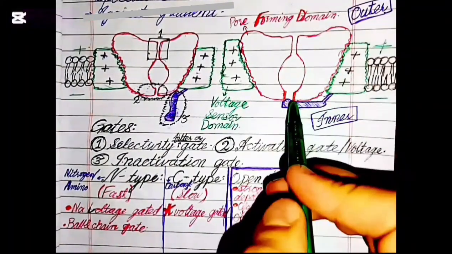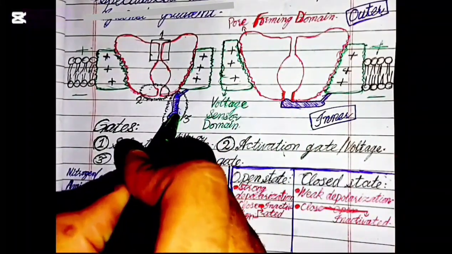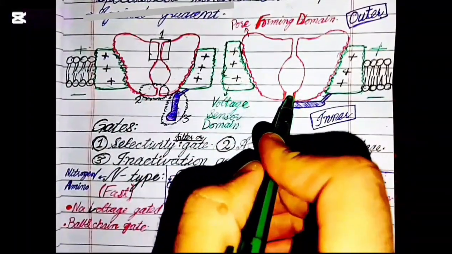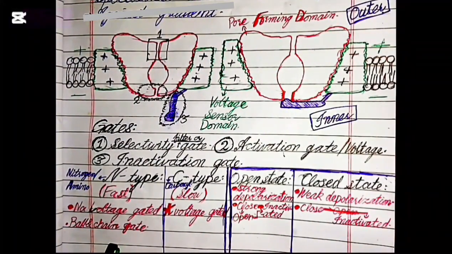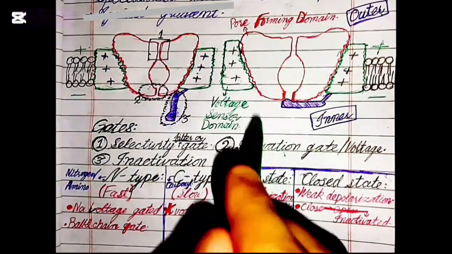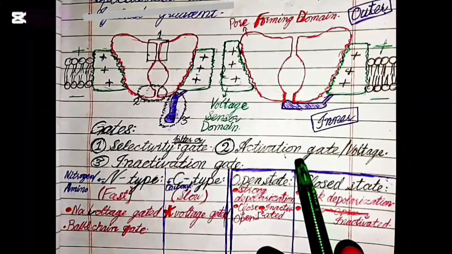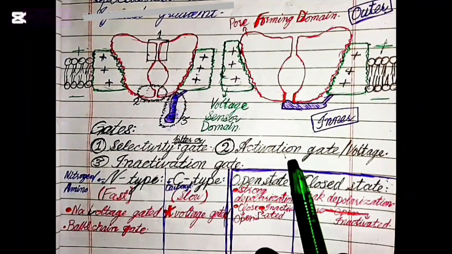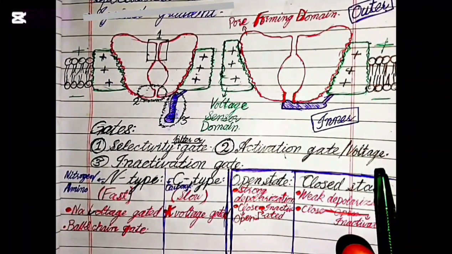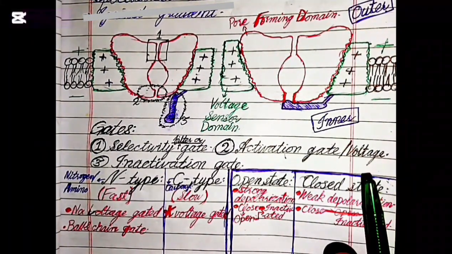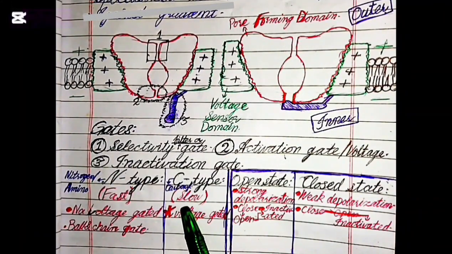Also the inactivation gate goes to its original position, and the activation gate also closes by the pull of the voltage sensors. So an example of the N-type is the sodium voltage gated channel, which is the fastest compared to potassium and calcium. It is an example of N-type inactivation gate.